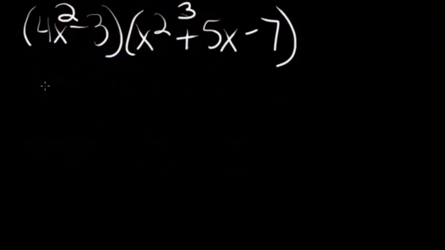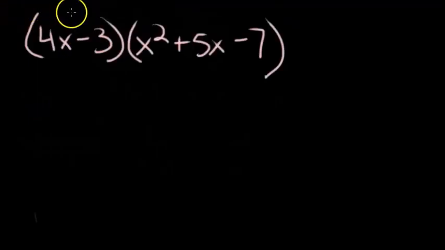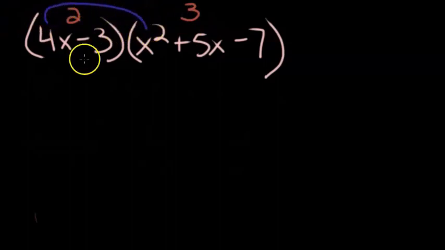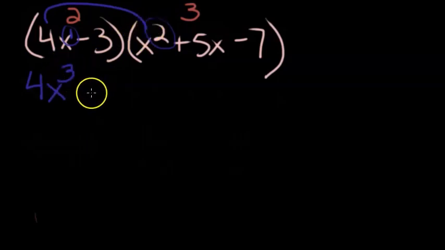So let's go ahead and work out this problem. We have 4x times x squared, which gives us 4x cubed. 1 plus 2 is 3, so we have 3 x's.